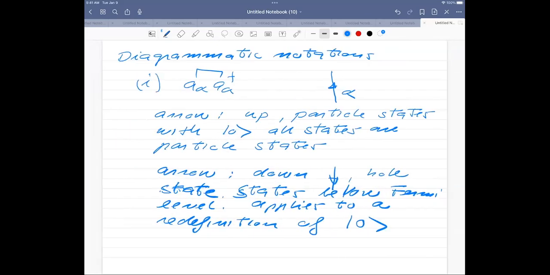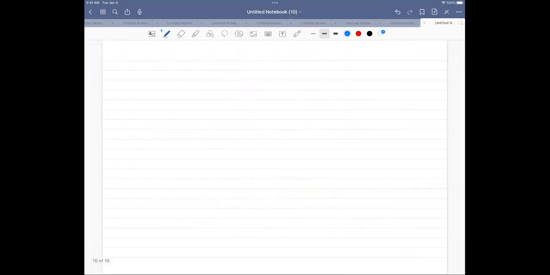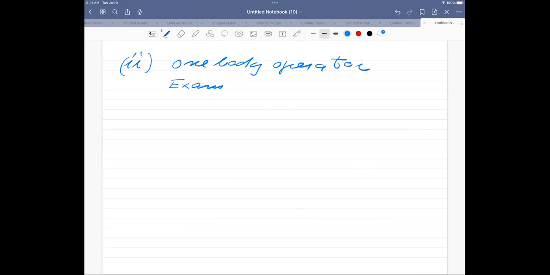Okay, so these are the notations which we will use. And then if we look at an operator, so a one-body operator, and the typical example which we have been looking at is given by H0, which is a sum of all these alpha betas.